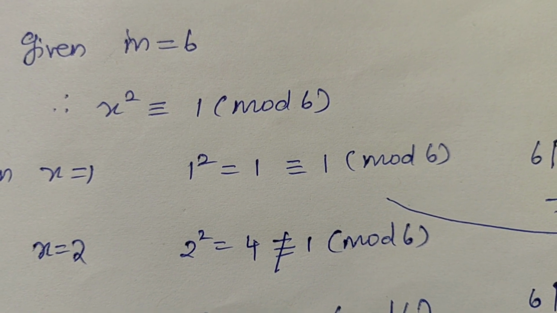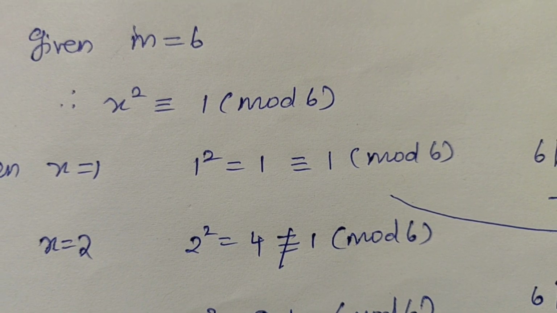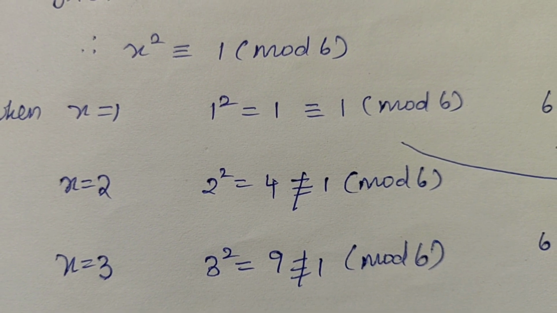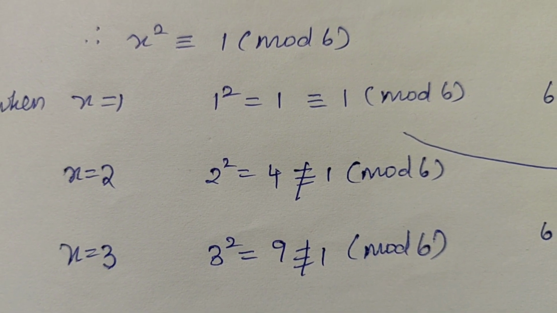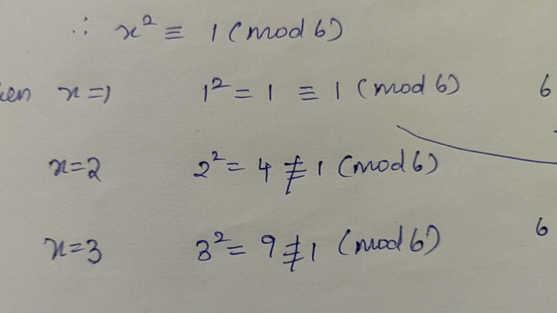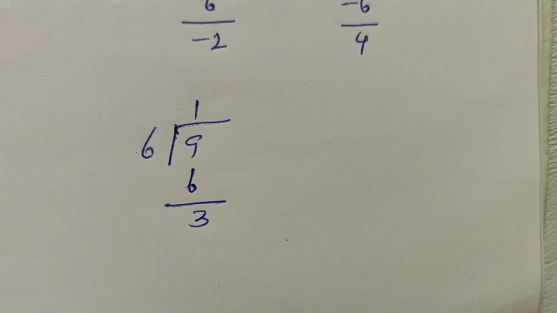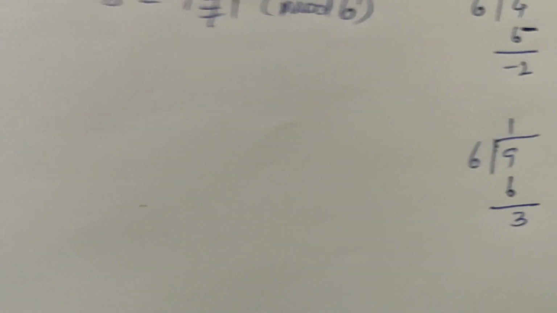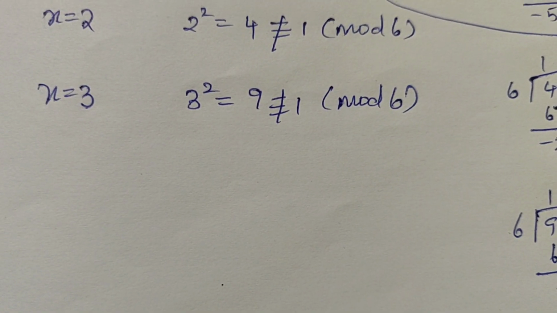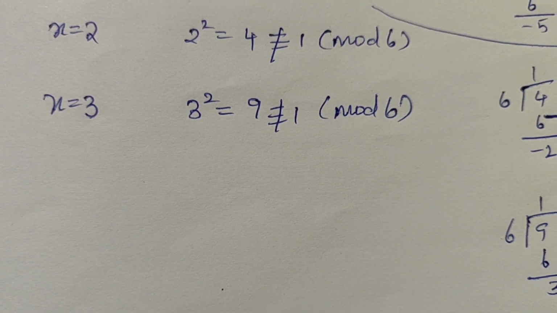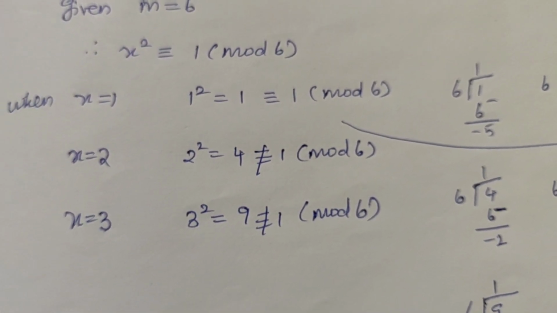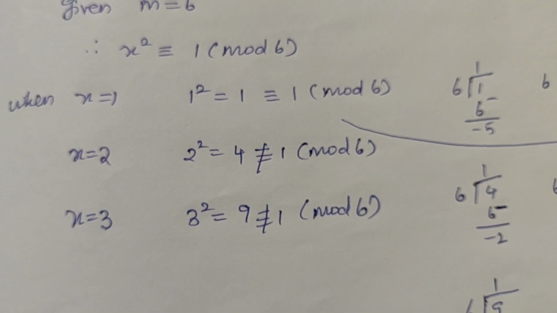Therefore x equal to 2 does not satisfy this congruence relation. Now move on to x equal to 3. 3 squared is equal to 9. When you divide 9 by 6, you will get the remainder 3, which is not congruent to 1 mod 6. So x equal to 3 also does not satisfy the congruence relation x squared congruent to 1 mod 6.